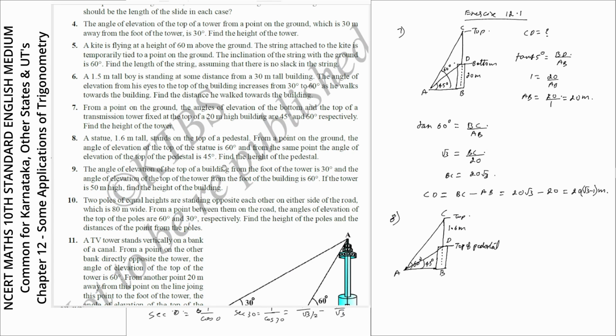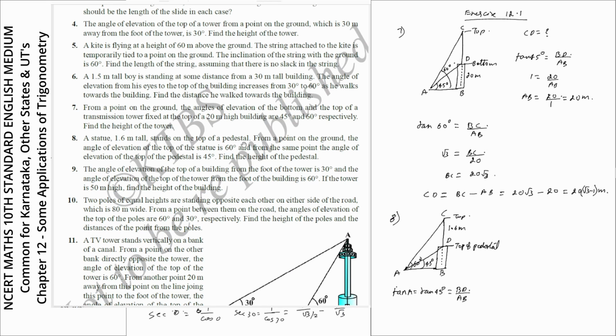Now with respect to angle A, tan of A is equal to tan of 45 degree, which is opposite by adjacent, that is BD by AB.